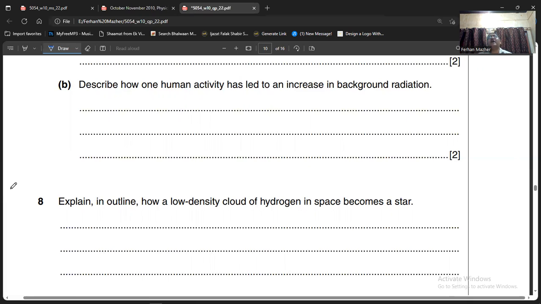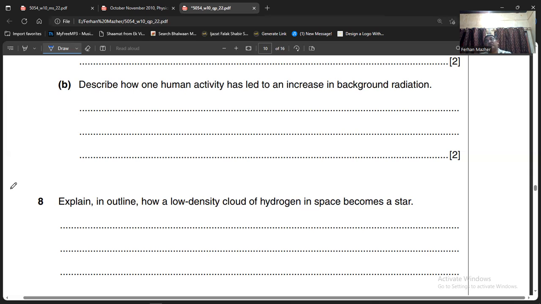For example, humans are doing nuclear testing, and sometimes there is an accident in a nuclear reactor due to which this radiation comes out.